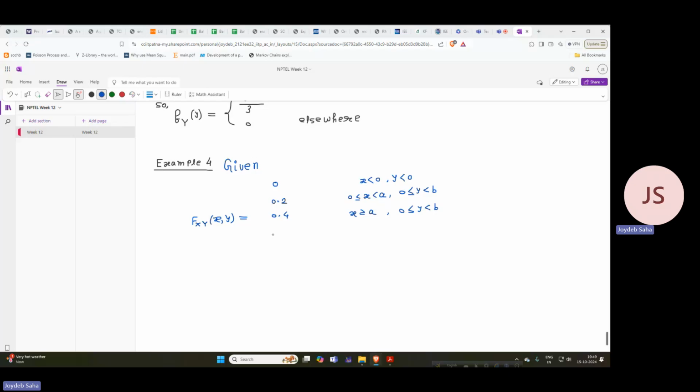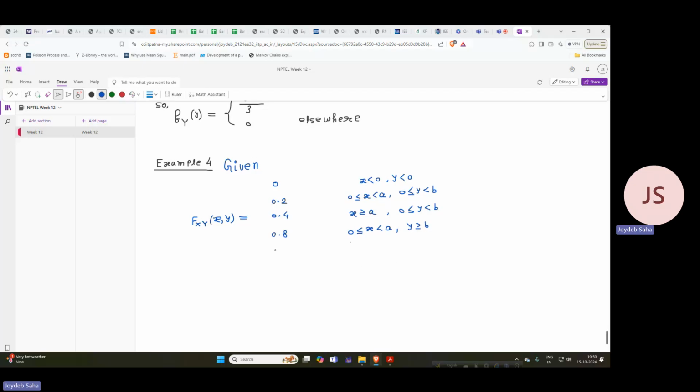Fine. It is 0.8 for 0 less than or equal to x less than a, y greater than or equal to b.